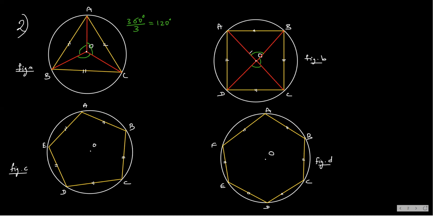Now you understand the central angle, that is the angle at the center of a circle, is 360 degrees. So each angle will be 360 degrees divided by 4, that is 90 degrees. Each angle here is 90 degrees. Why? Because the central angle is divided into 4 equal parts. So 360 upon 4 gives you 90.